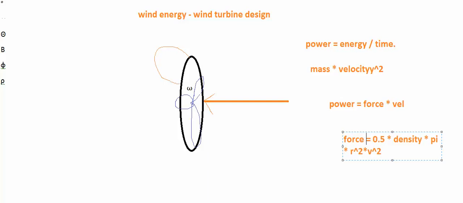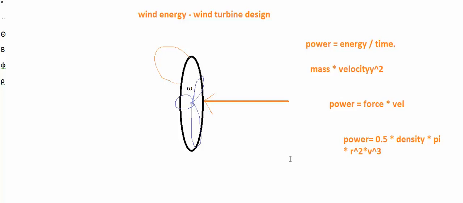What we are interested in is the maximum available power, which is force times velocity. So power will become half times density times area times velocity cubed. This is the maximum power available in the rotor plane because of the wind.